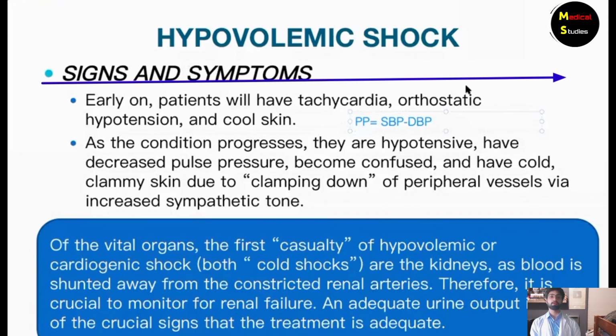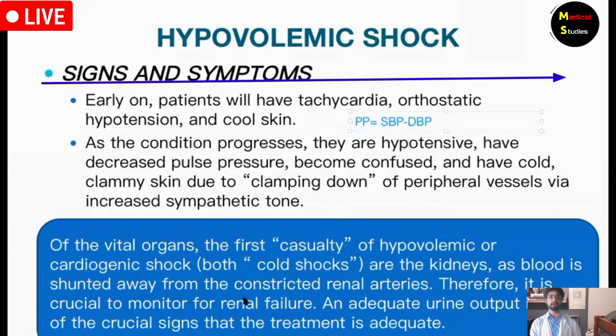Now in this hypovolemic condition, the systolic blood pressure decreases, but the diastolic blood pressure is relatively increased as a result of vasoconstriction, since the sympathetic nervous system is activated and there is peripheral vasoconstriction.